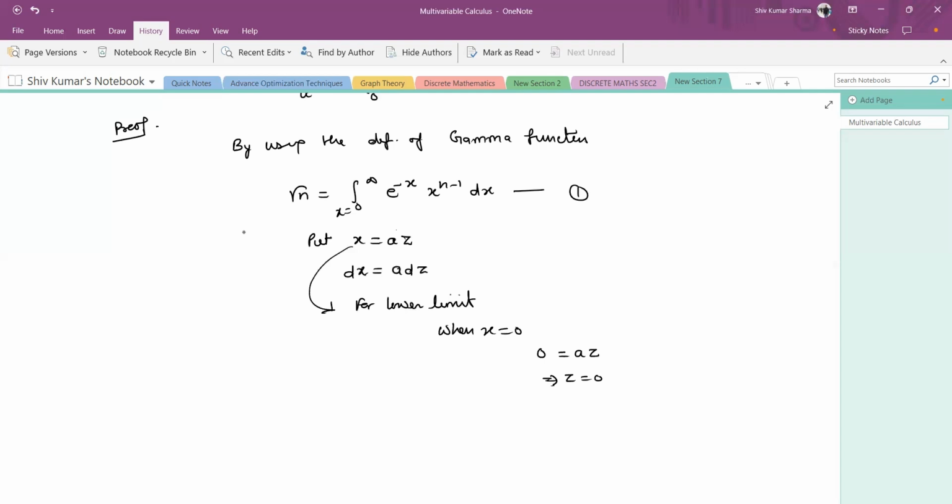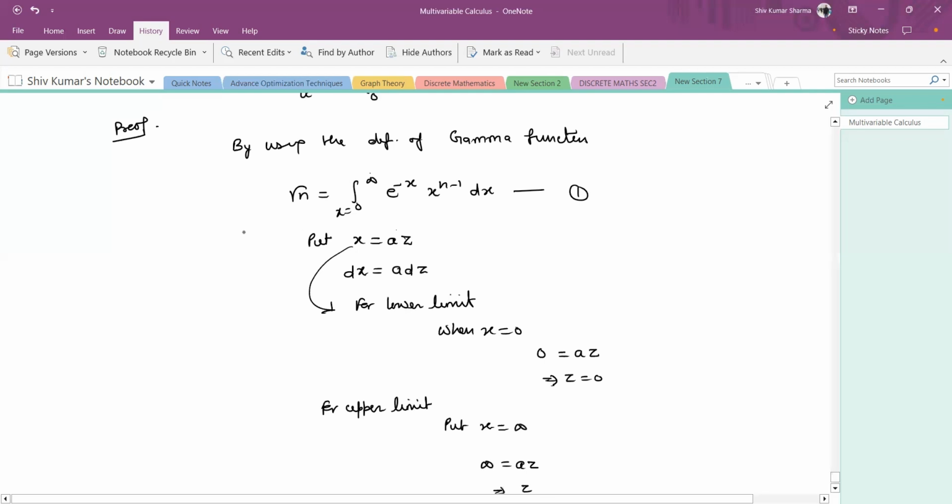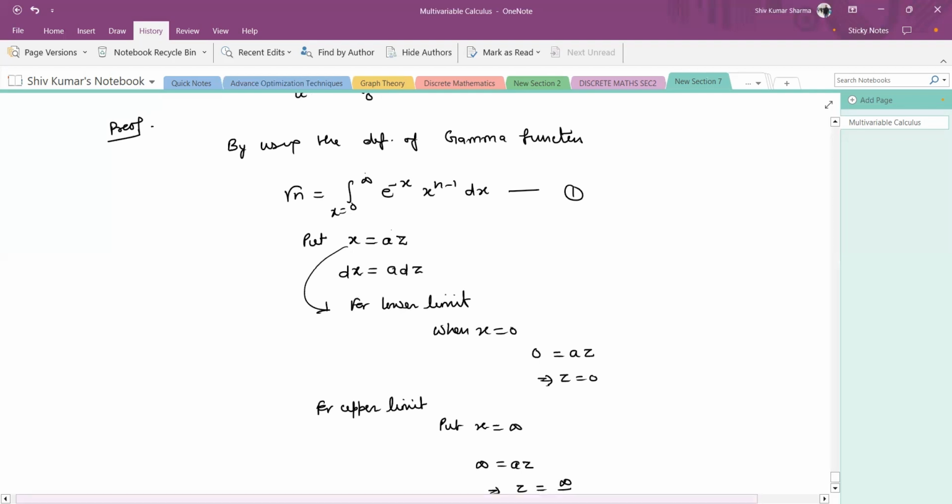For the upper limit, we put x equal to infinity, so infinity equals az, which can be written as z equal to infinity upon a.